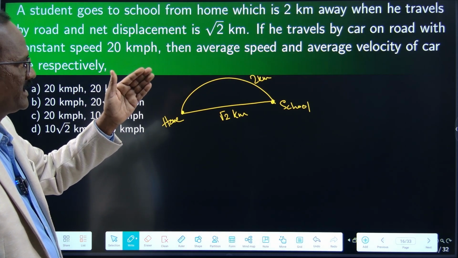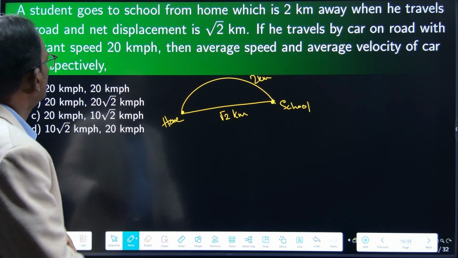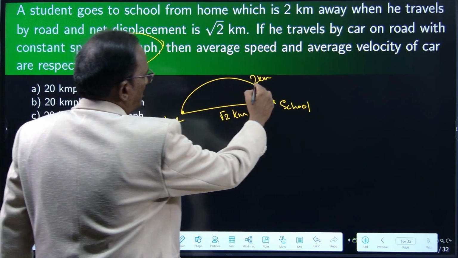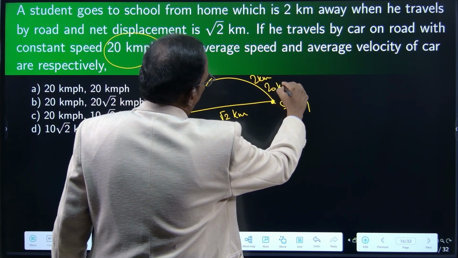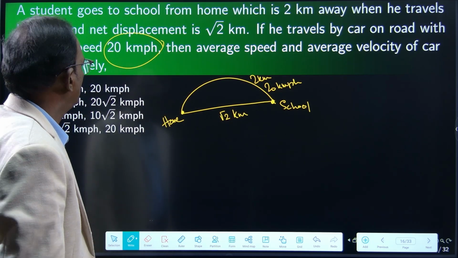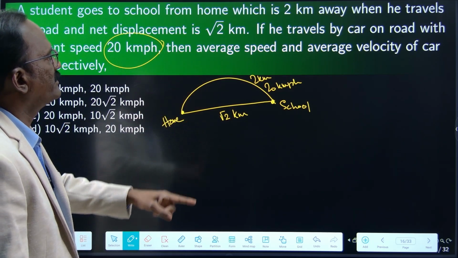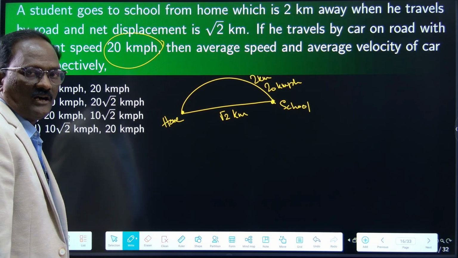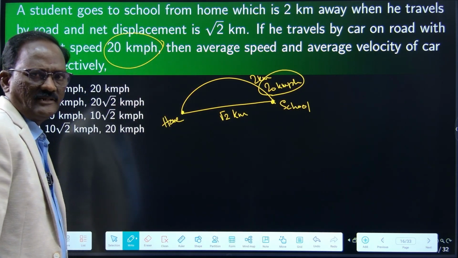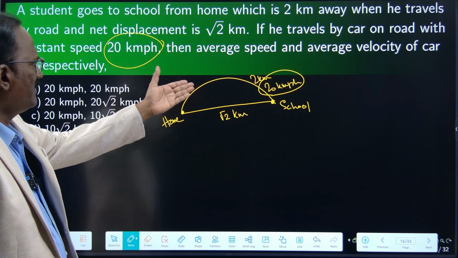If he travels by car on the road with constant speed 20 kilometer per hour, on the road only he can travel, then what are the average speed and the average velocity of the car? He is traveling at 20 kilometer per hour, already given.